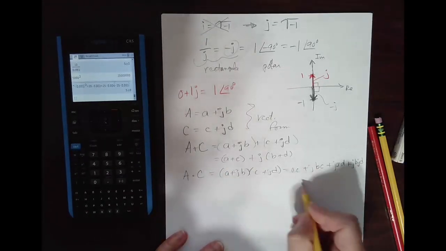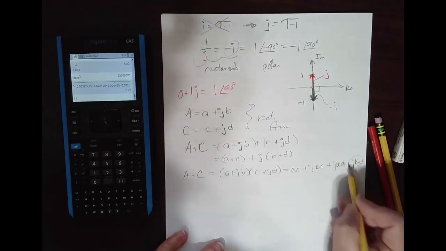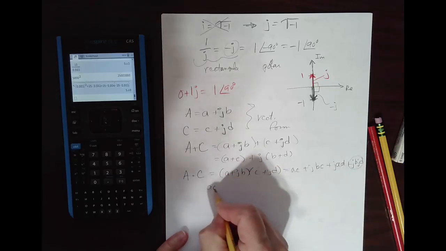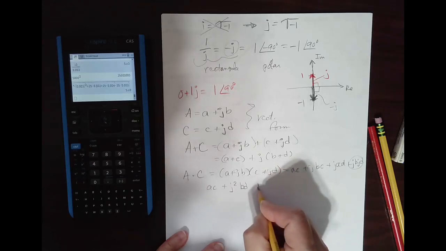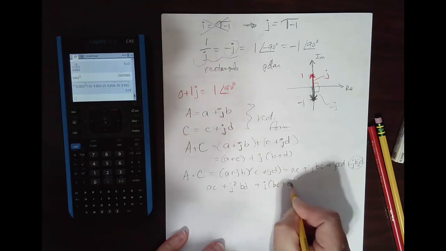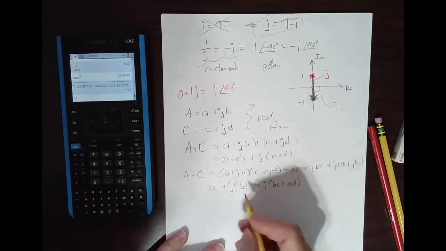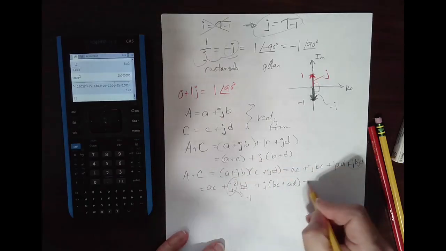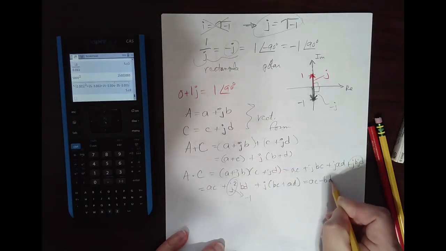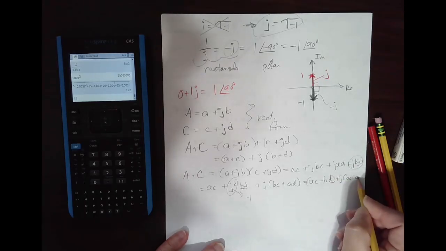Okay. So it looks like a whole bunch of imaginary, only one real, but what do we have here? We've got AC plus J squared BD plus J times BC plus AD. But what is J squared? J squared is just -1. So we just get AC minus BD as the real part, plus J times BC plus AD.